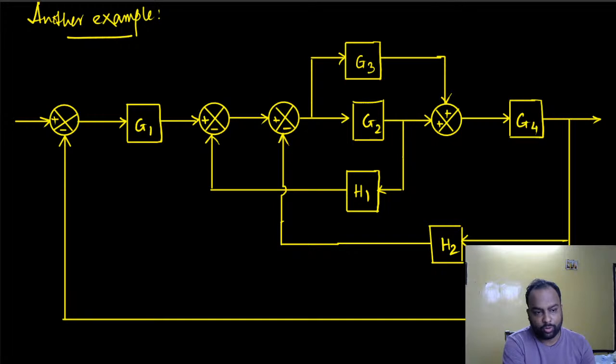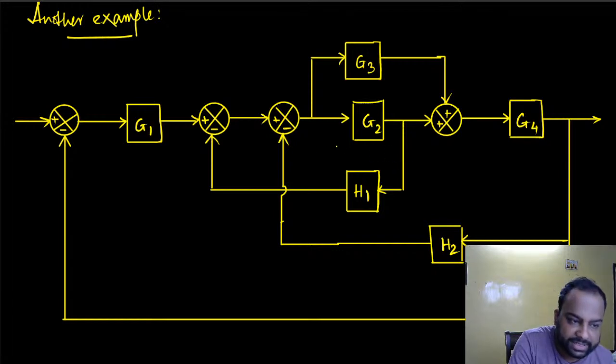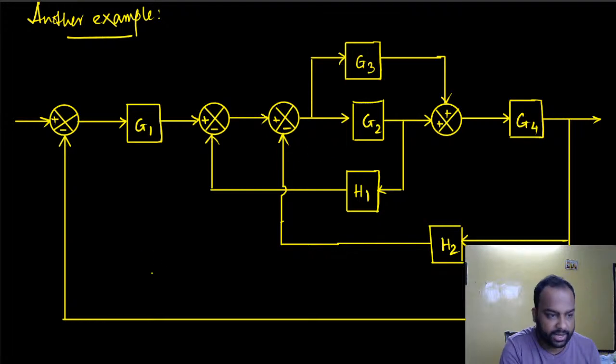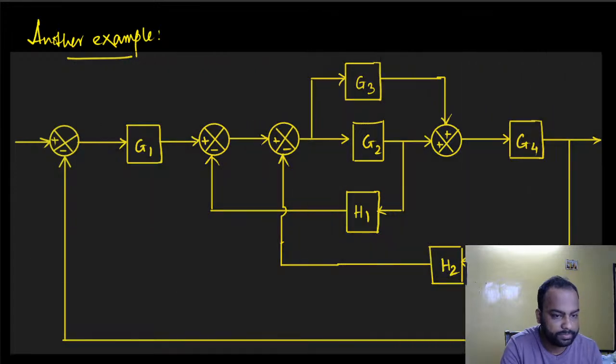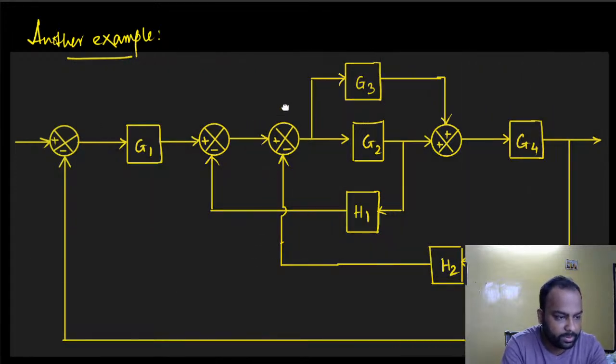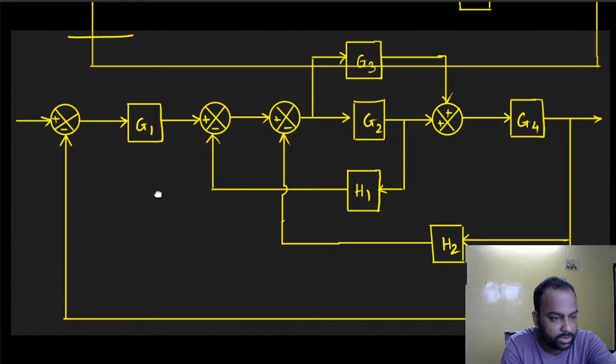Either I bring this to the right hand side of this one, or bring this to the left hand side of this one. Of course, bringing this to the left hand side is easier. Let me copy and paste the drawing.